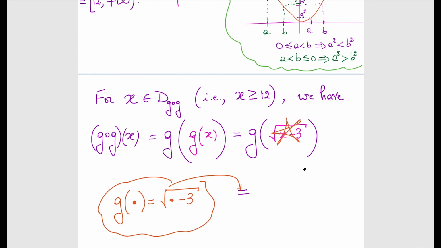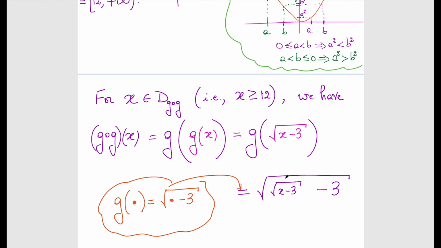So what do we get? We get that this is equal to g of, let me just erase the star. G of star is again the square root of the star minus the 3, which is the square root of the square root of x minus 3, minus 3, correct?